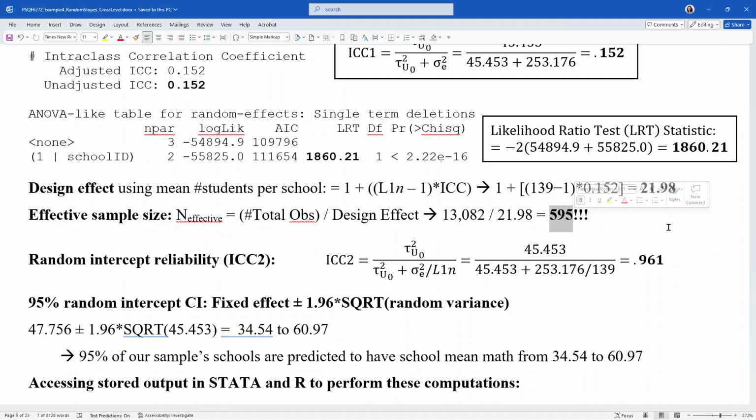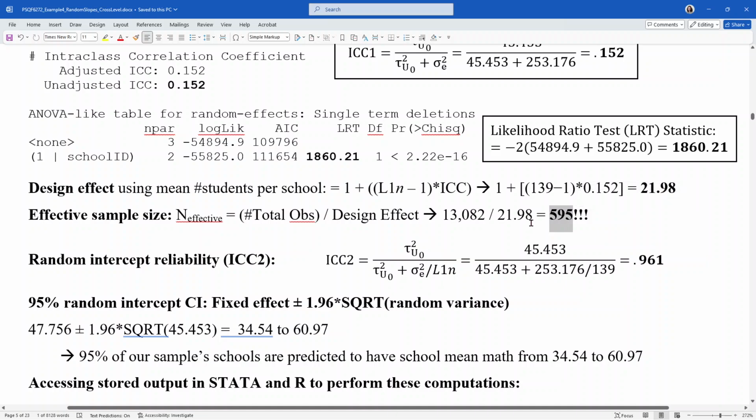It's quite a difference. So in sample size planning with clustered samples, you want to work backwards. Let's say that you did a power analysis and it said you need 600 people. If this is the design you're trying to power, you need to go get yourself 13,000 people instead. Bummer.